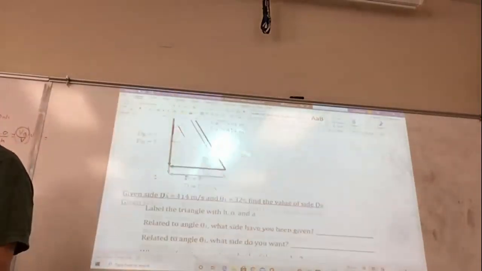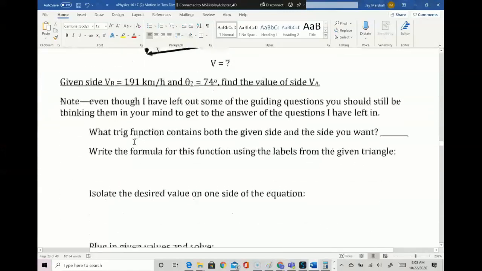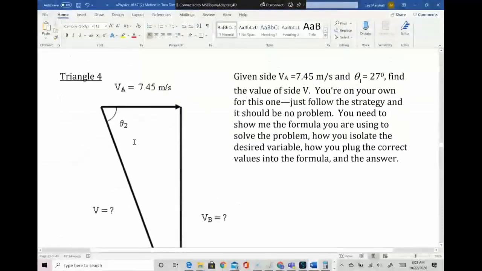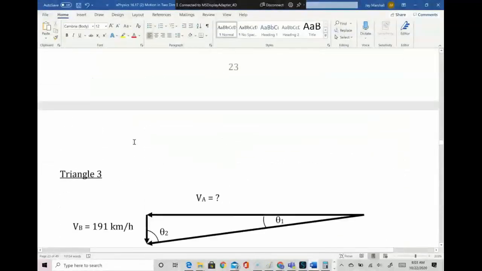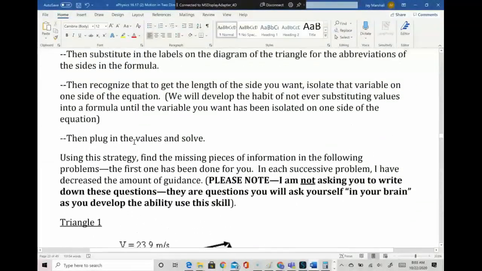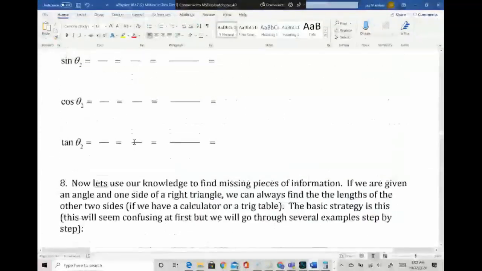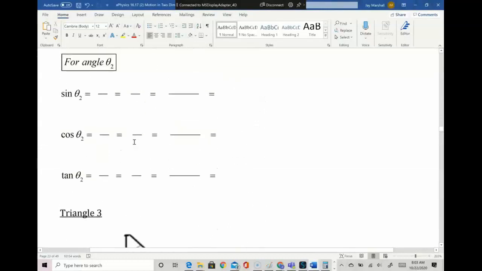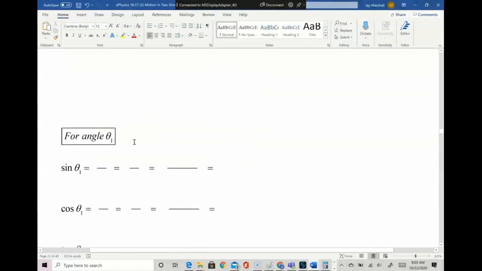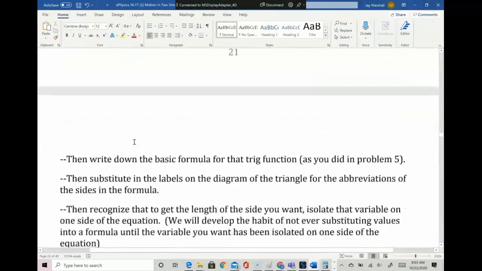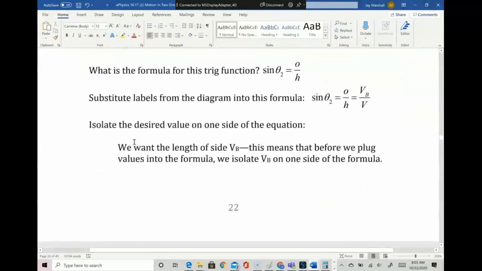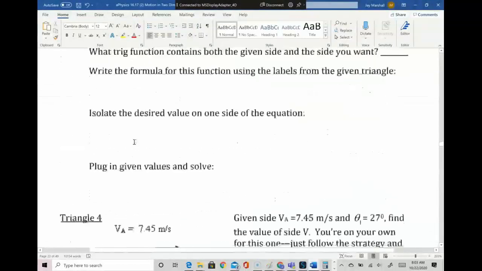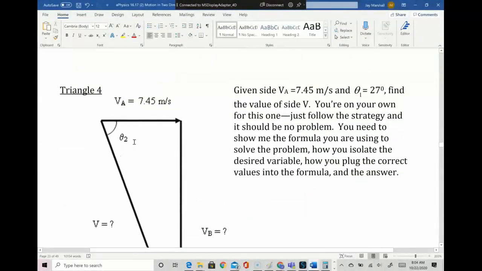So what I want you to do, and we're not going to quite finish this, is finish the busy work triangles that I talked about. That shouldn't take you more than just a couple of minutes. And then do triangle 3 and triangle 4 for the section that we're on.